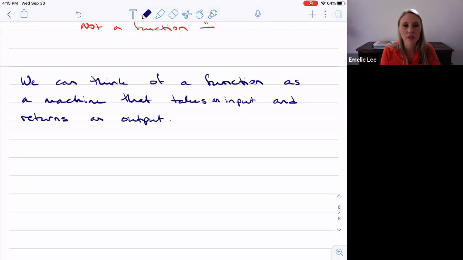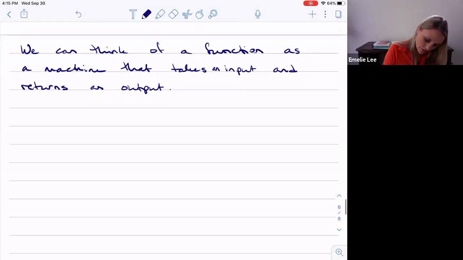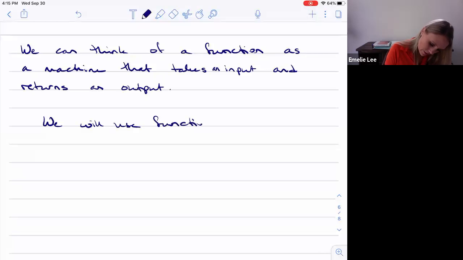So we're going to use functional notation. The textbook called it functional notation, which is kind of fun. I would just call it function notation.